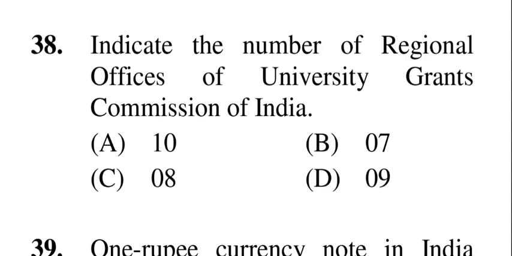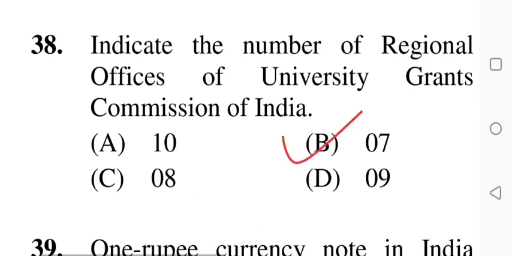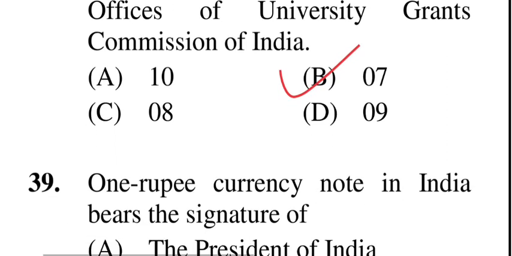Okay, what kind of things they do, what kind of changes and transformations they have brought in the education or higher education sector of India. 10, 7, 8, 9. The correct answer will be number 7. 7 regional offices of University Grants Commission of India can be found. In Guwahati too you will get one, if I'm not wrong, if you're from Assam.